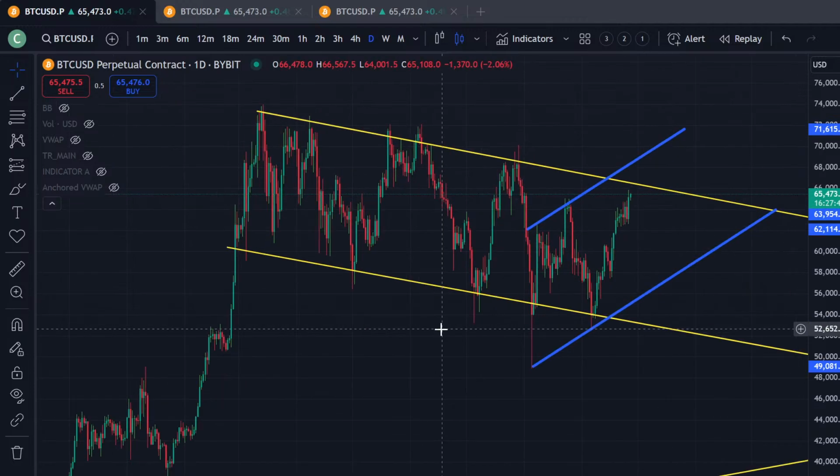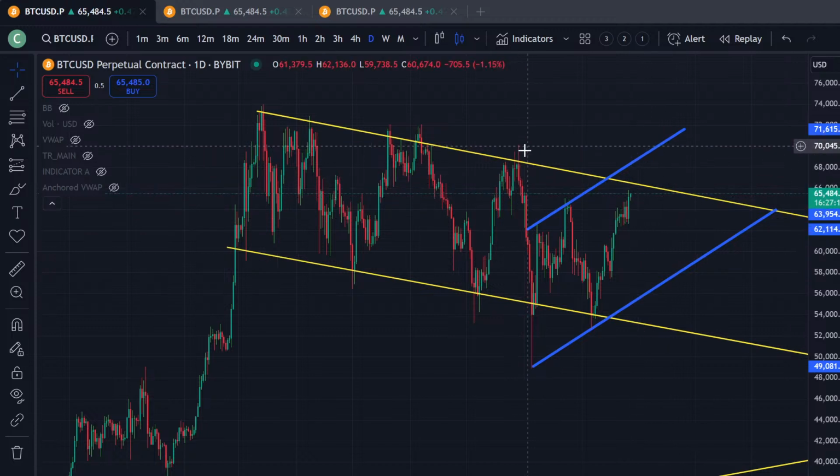Channels, patterns. We are at the top of the channel. We have started the upward sloping channel as we have here. I haven't made any new patterns on this one. So we expect some resistance at the top of the channel over here at 66, 67. That is where we expect us to go down again.